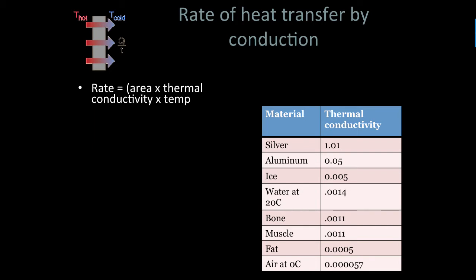The chart over here is showing us some relative thermal conductivity rates. And thermal conductivity is defined by the equation in the first bullet, which is the area times the thermal conductivity times the temperature, and that's actually the delta temperature, so the temperature difference. But we can see air has a very low thermal conductivity.